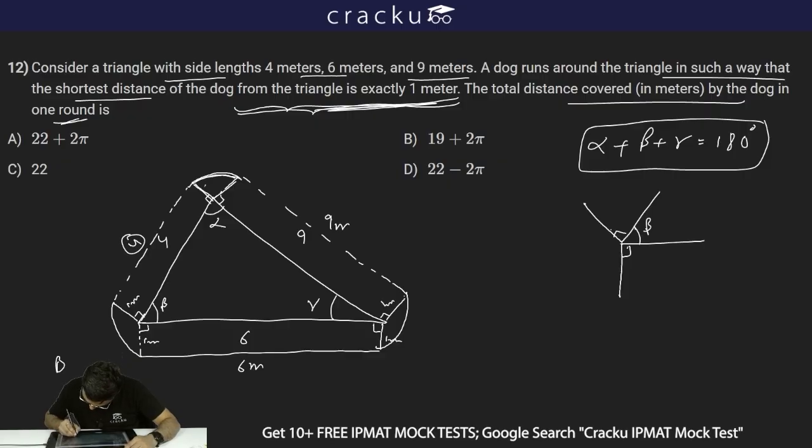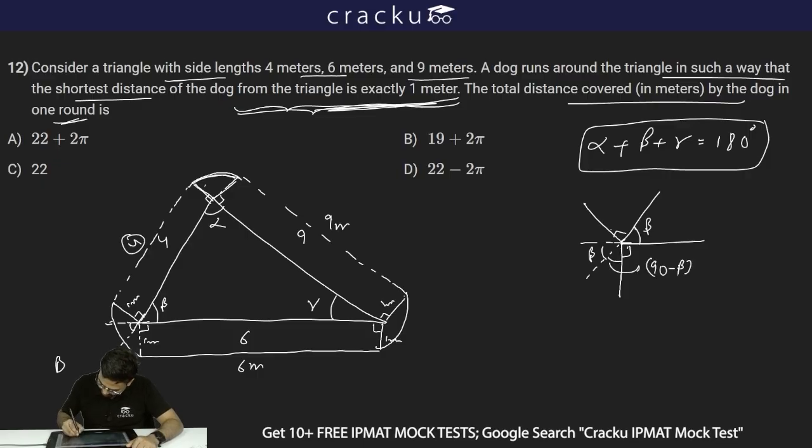If I just join these two lines, this is an opposite angle, so this will be beta only. This angle, if I just draw it out here, will be beta. Now if this is beta, this will be 90 - beta.